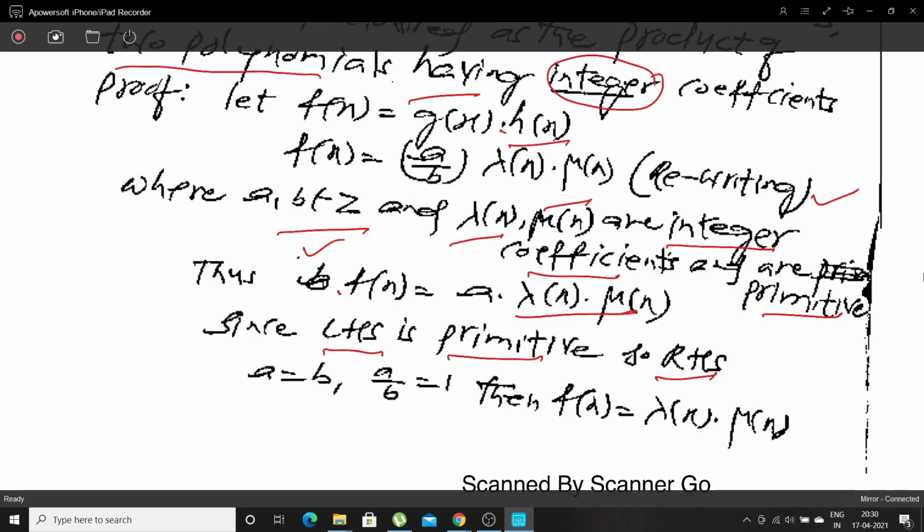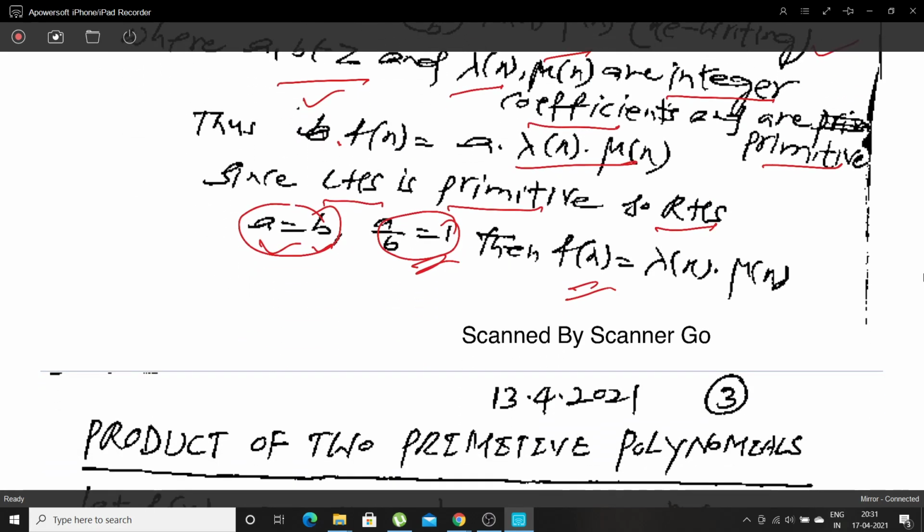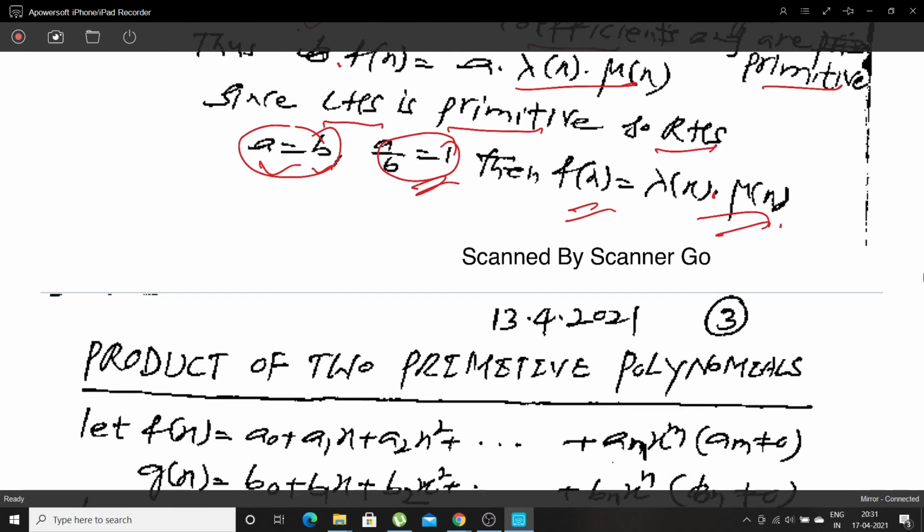Here, the numerator may equal the denominator. Possibilities I am writing. If you divide the numerator by denominator, that means a by b is 1. If a equal to b or a by b is 1, then f of x is equal to lambda of x into mu of x. This completes the proof of the Gauss lemma.